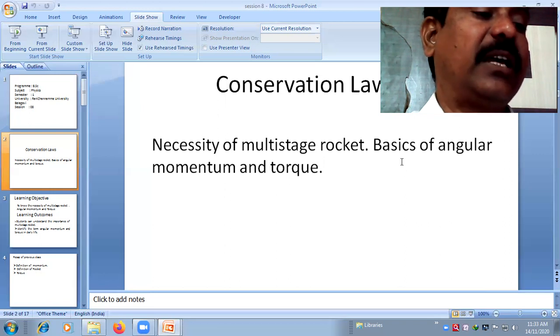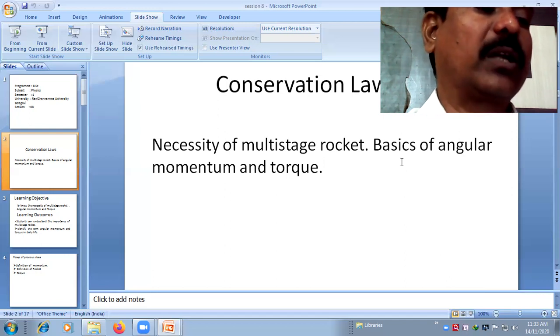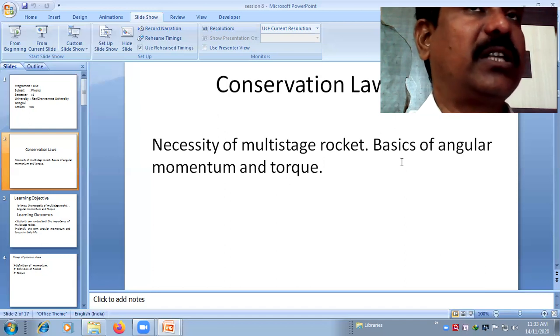When it is detached, at that moment the second stage rocket starts working with the initial velocity given by the first stage rocket.